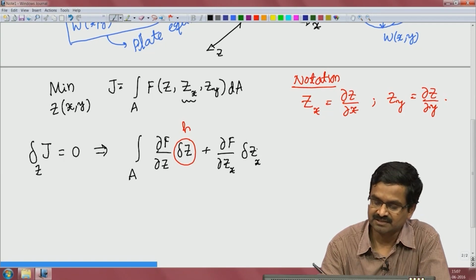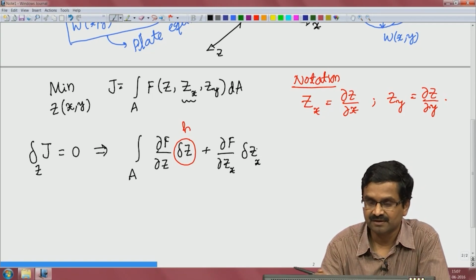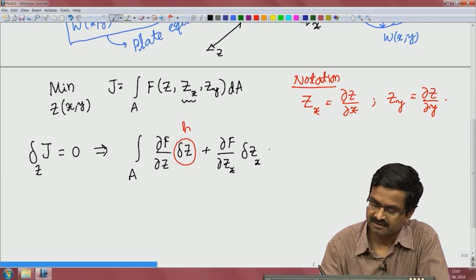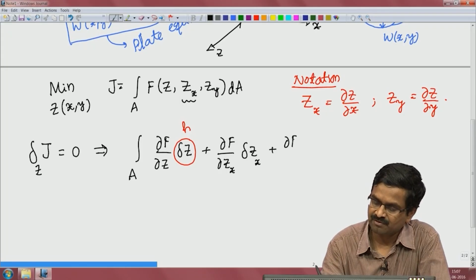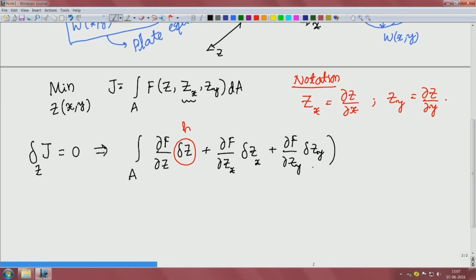Okay. That is dou delta z by dou x, and we will also have dou f by dou z_y times delta z_y, and then we will have dA as usual. This should be equal to 0, that is what we have.